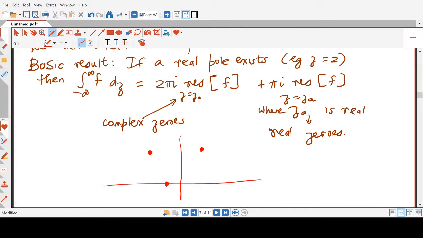That's a real pole. The other two are complex poles. So the trick is, you surround these guys by a contour, but you do it in a more sly, cunning way. You do a contour like that. The integral there is going to be 0. And those two guys on top are fine. Then you come here, and then you surround this guy by a smaller semicircle. And carry on your merry way.